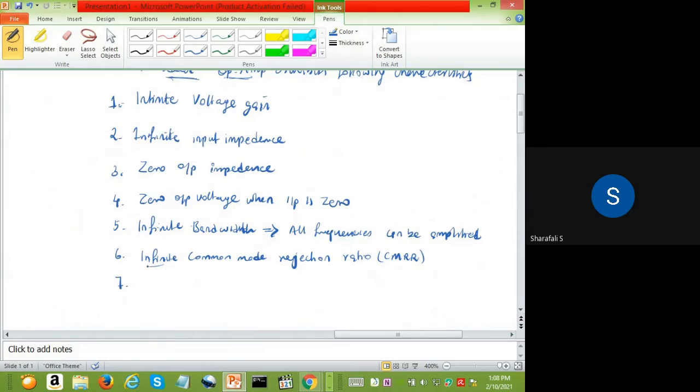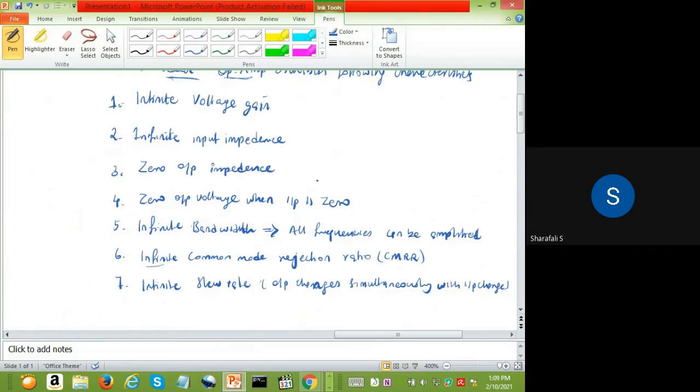The last one is infinite slew rate. Slew rate means output variation: if you change the input, how fast the output will change.